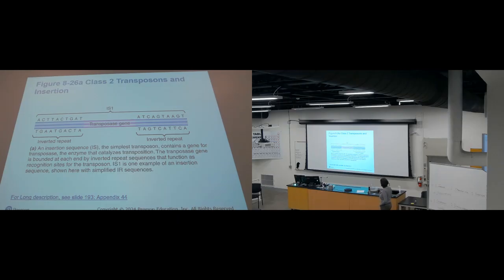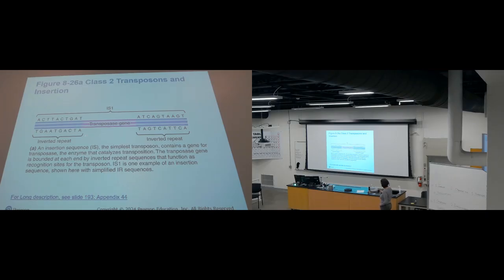So we have here a class 2 transposon and insertion. So we have inverted repeats within this transposable element, and then you have your transposase gene here. And all of this is an insertion sequence.